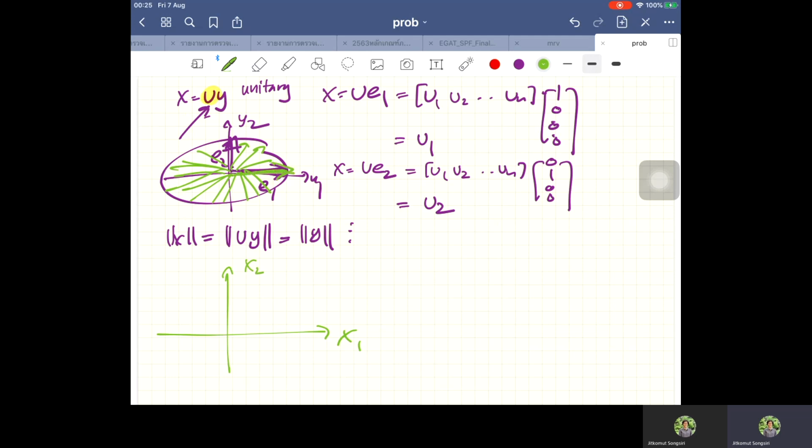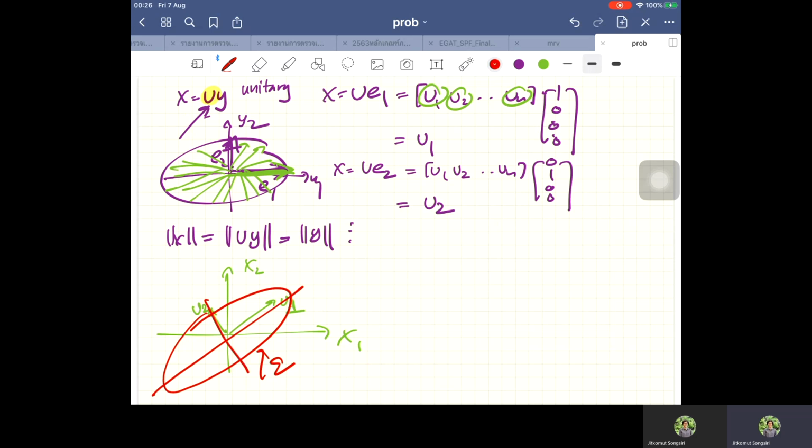First you map e1, so you get u1. Suppose the first eigenvector has this direction. Because all the columns of U are orthogonal, u2 must be perpendicular to u1. So let's just say u2 is this. Then finally you can sketch that the red one is the ellipsoid in the variable x that you want.